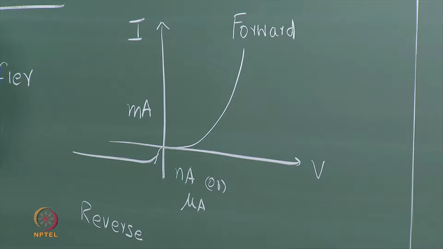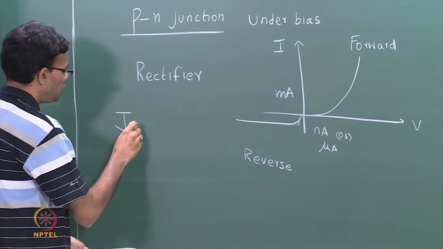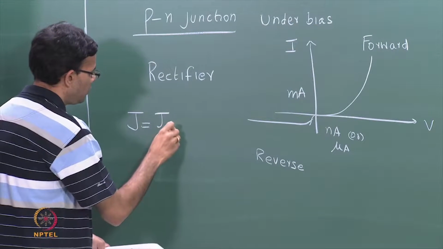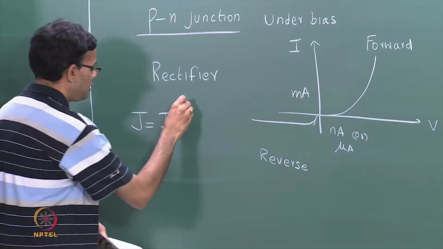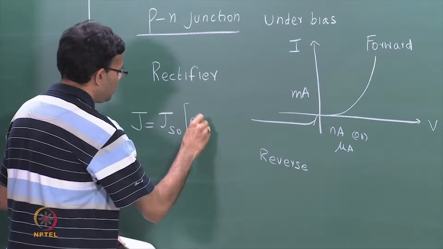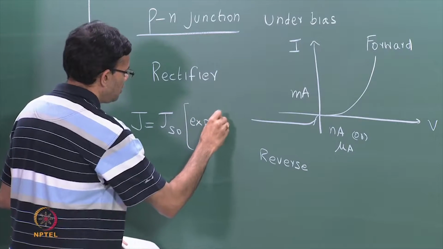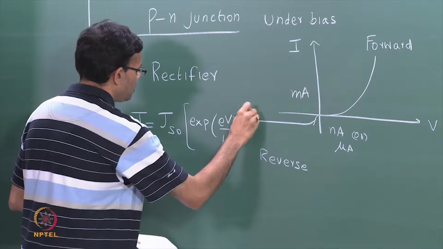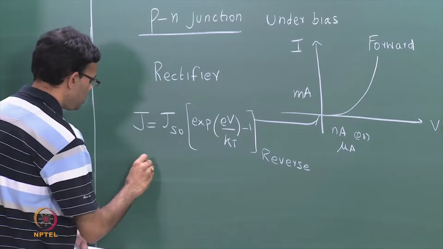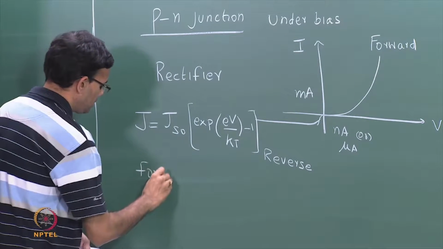We also wrote down the expression for the current in the case of a p-n junction. So the expression is J is equal to some constant J S naught, which is your reverse saturation current, times exponential eV over kT minus 1. So this is in the case of forward bias.